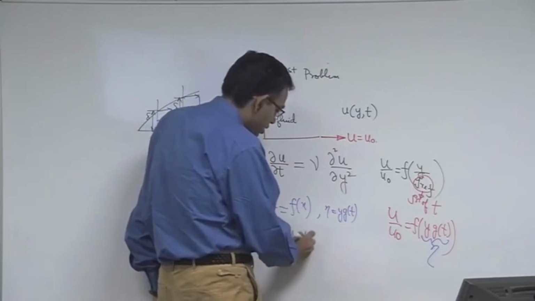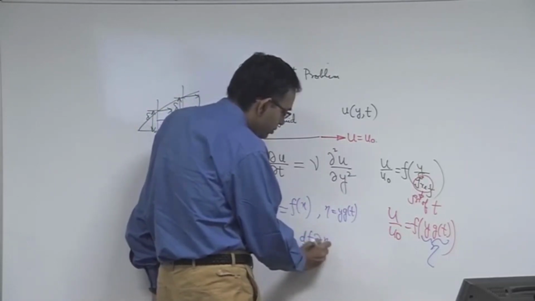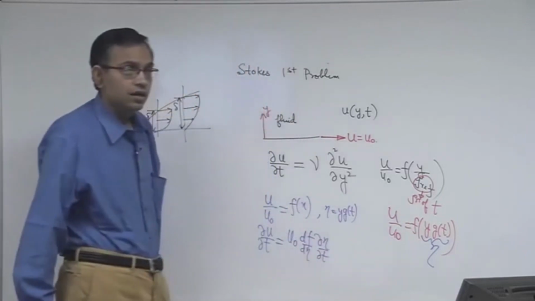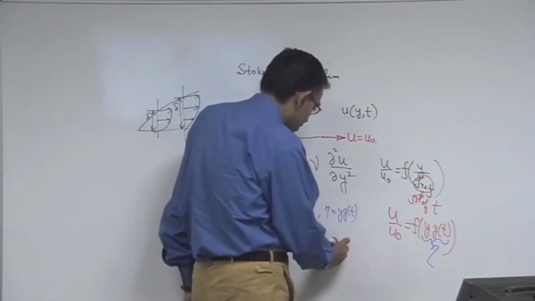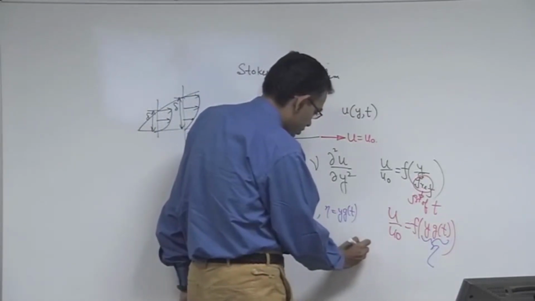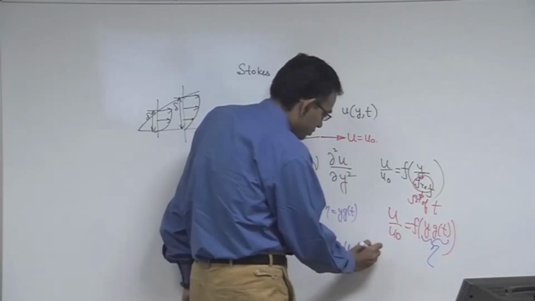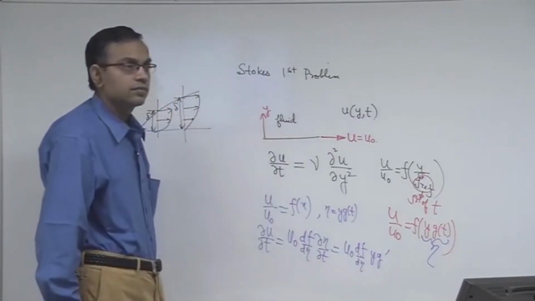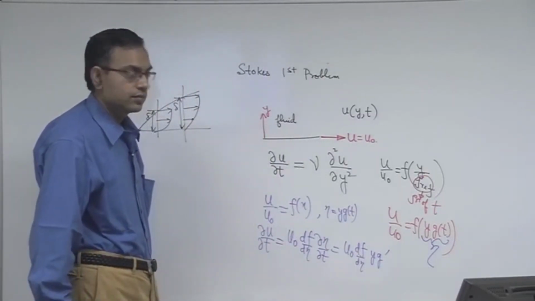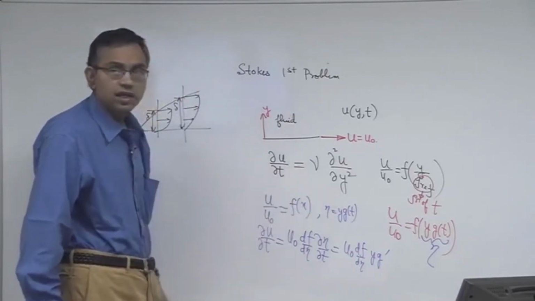u0 df d eta into del eta del t, right, using the chain rule. So, del eta del t is y into g dash, right, where g dash means dg dt.